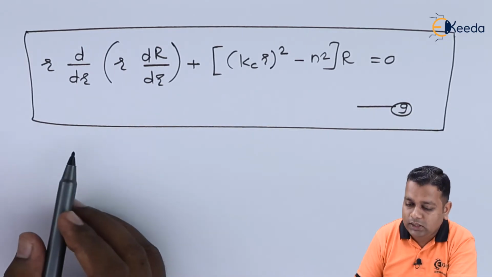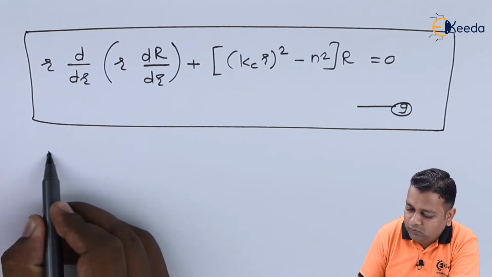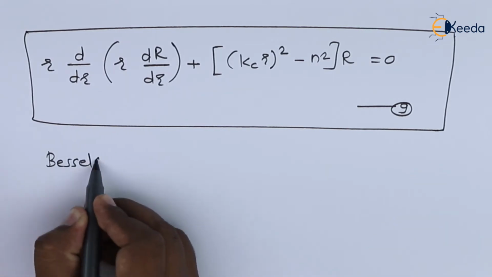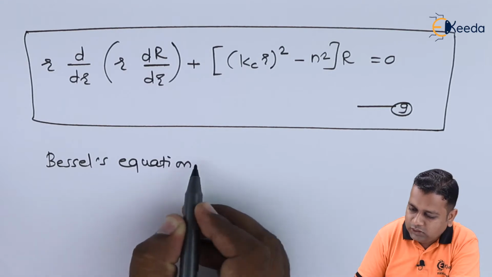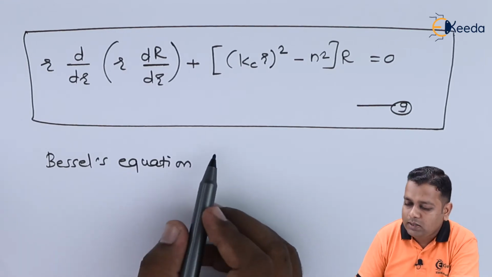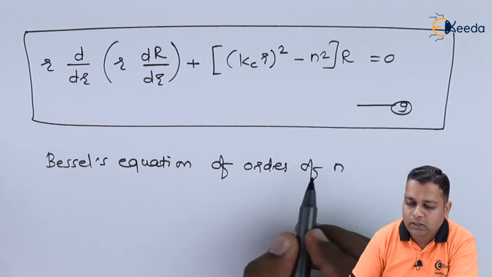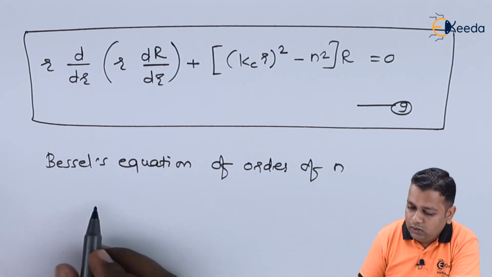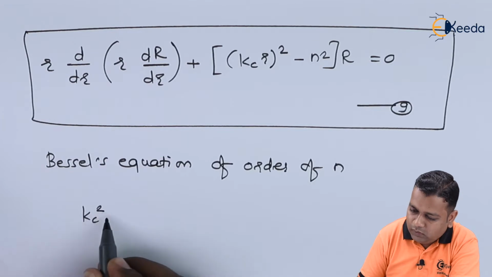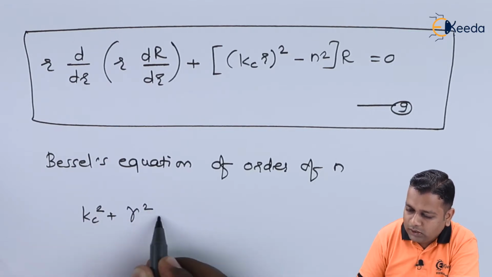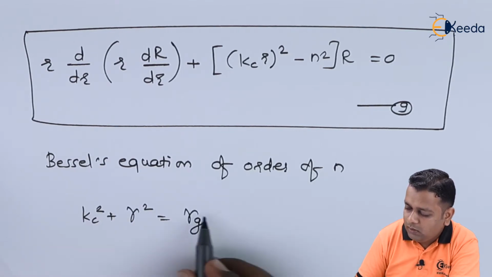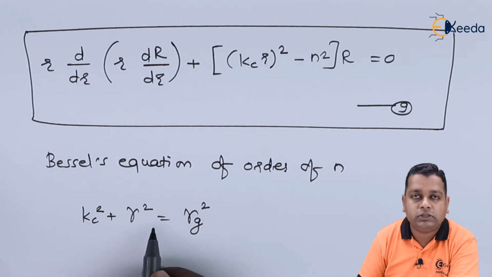So this equation is the Bessel equation. This is the Bessel equation and it is of the order of small n here, where we have kc square added to gamma square is equal to gamma suffix g squared here.